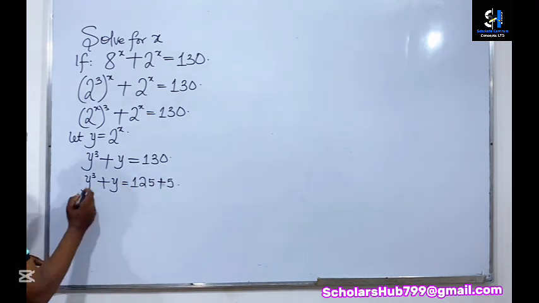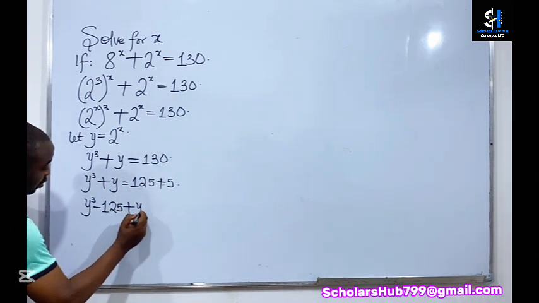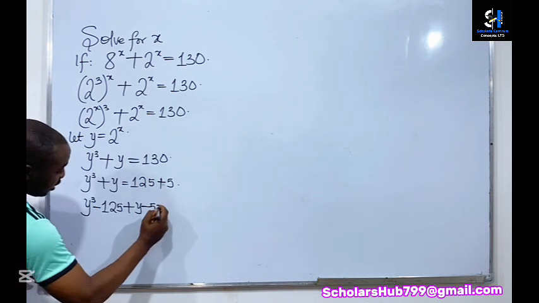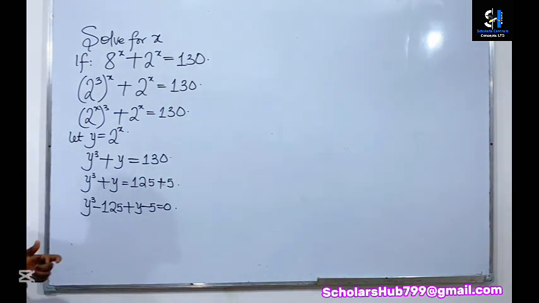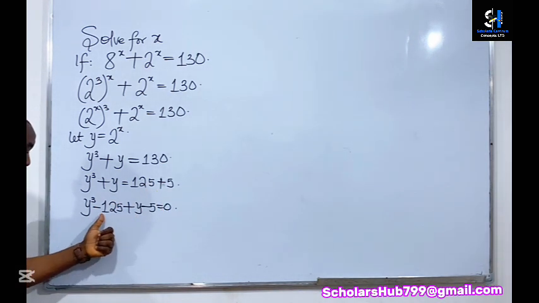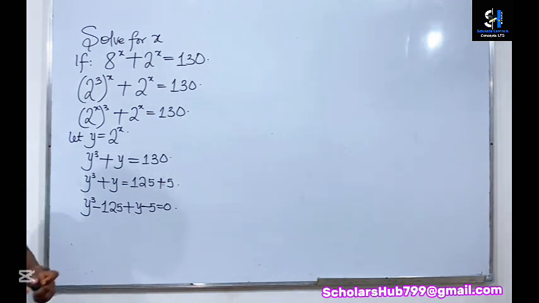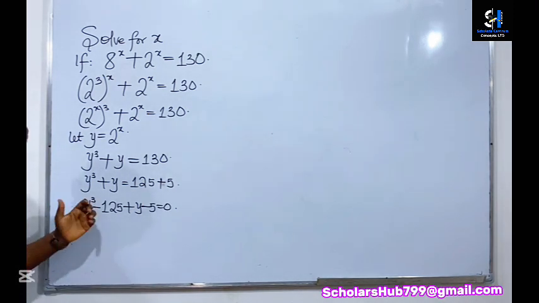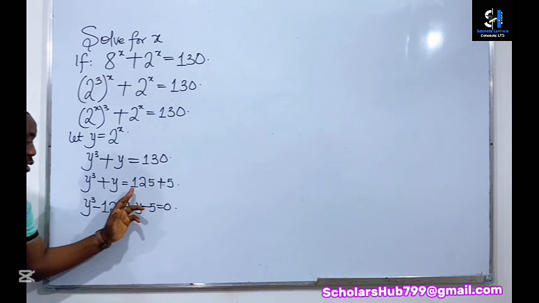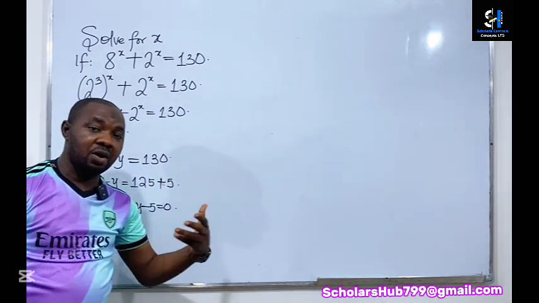When this is moved to the left hand side, we have y cubed minus 125 plus y minus 5 equals 0. It has to be this way because I know that on the left hand side we have y cubed, and I know that 125 is a cube number when expressed as a power of 5.